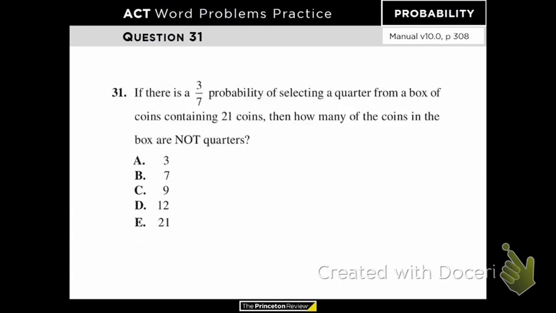31. If there's a 3/7 probability of selecting a quarter from a box of coins containing 21 coins, then how many of the coins in the box are not quarters? Okay, so if there's a 3/7 probability of selecting a quarter, right, and there are 21 total coins, then I need to figure out my multiplier here to figure out the number of quarters, okay?